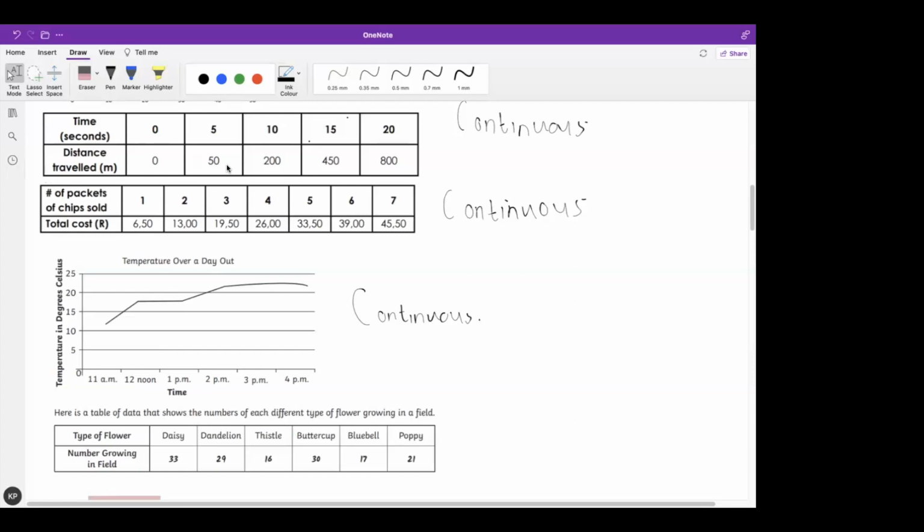Tanda also says discrete. Whole numbers, guys, whole numbers. And we are counting. You're counting flowers in a field. So you're going to say 1, 2, 3, 4, 5. You're not going to say 1.5. Because what is 0.5 of a flower? Short flowers are still flowers, okay? If it's missing petals, it's still a flower.